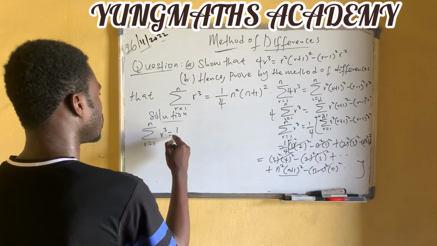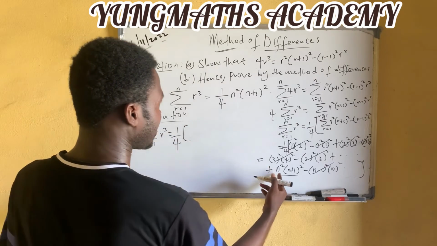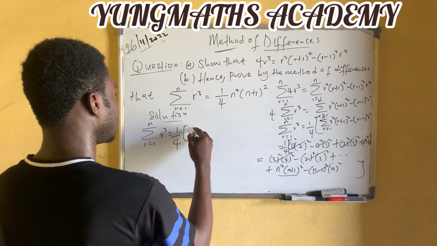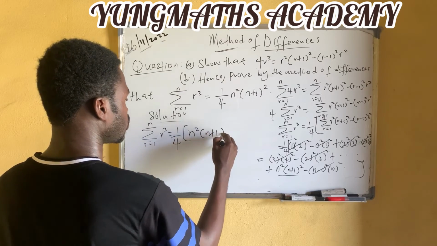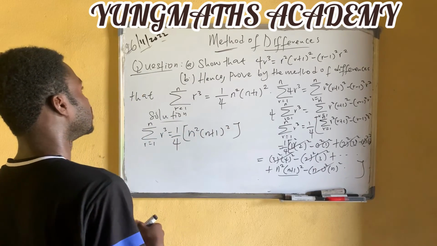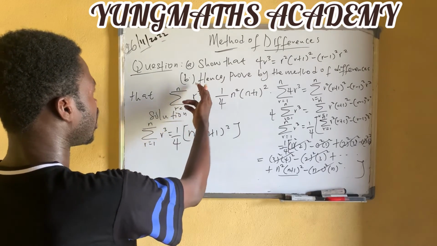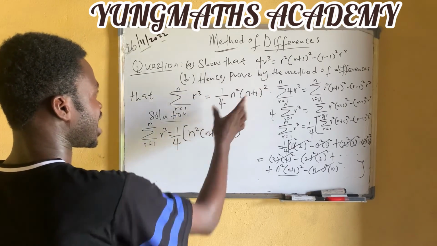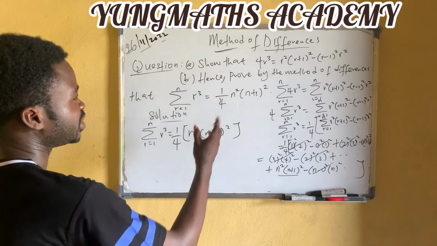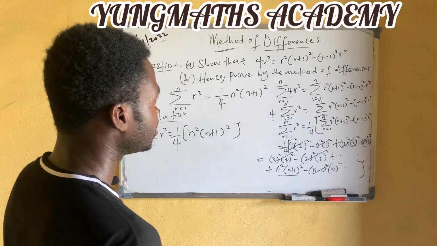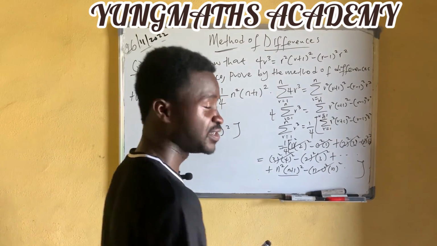So this is 1 over 4 of what I have now here, which leaves me with n squared into (n plus 1) squared. And when we look at that, we could see that the summation of r cubed is exactly what we are to find out, which means we've been able to prove this correctly using the method of differences.